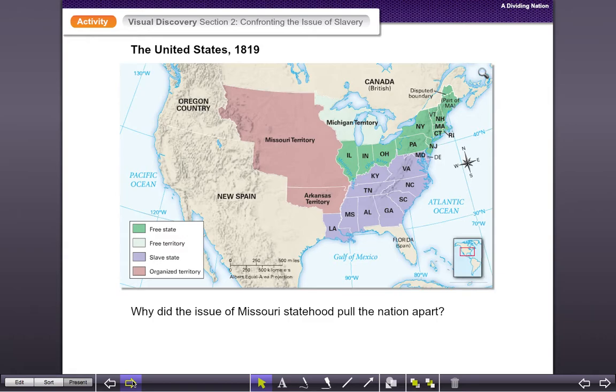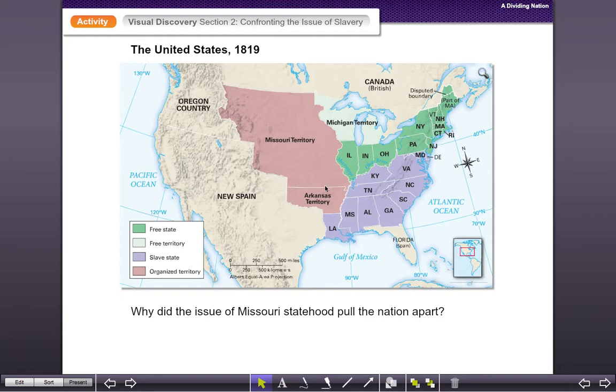So why did the issue of Missouri statehood pull the nation apart? Why would that pull our country apart? Well, if Missouri wants to come into the United States, it's got a choice. That choice is, is Missouri going to be a free state or a slave state?